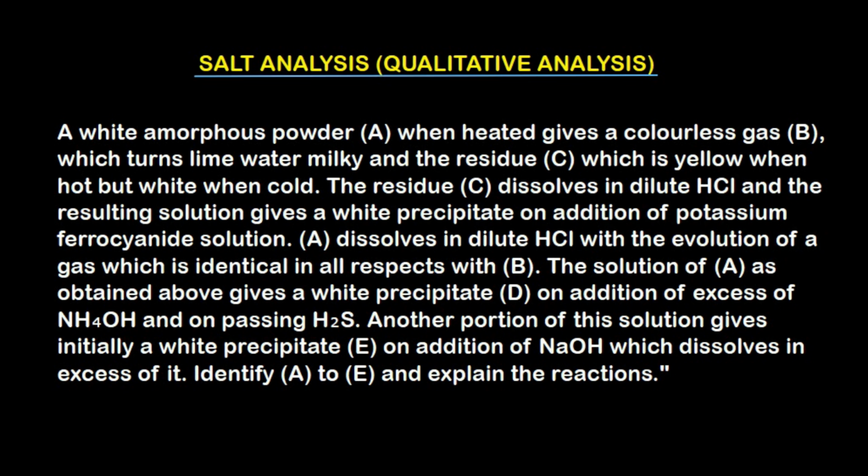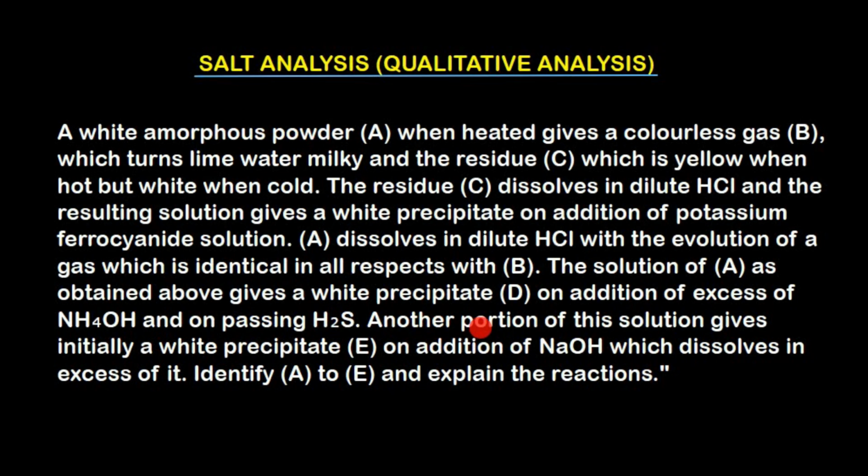In the fourth group there are only four radicals: zinc, manganese, nickel, cobalt, right? So your compound A, a white amorphous powder, could be any one of these four, which we will conclude with the help of the color of the salt in a little while.